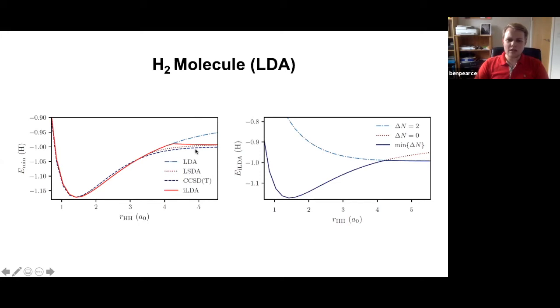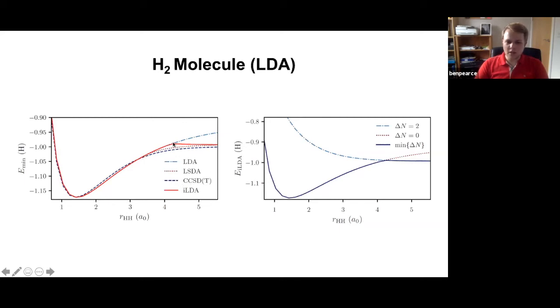Now, you can clearly see that for the LDA result, the dissociation limit is incorrect, whereas the spin LDA approximation actually reproduces the correct dissociation limit for an H2 molecule. What's interesting here is that our implicit LDA also, for the majority of the dissociation curve, follows alongside the spin LDA result.